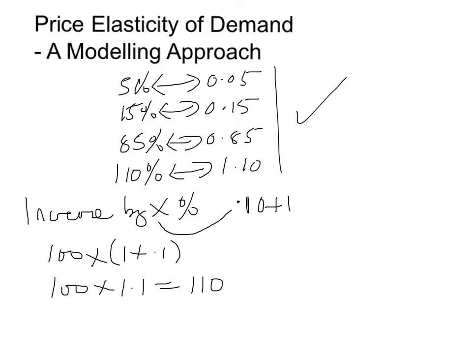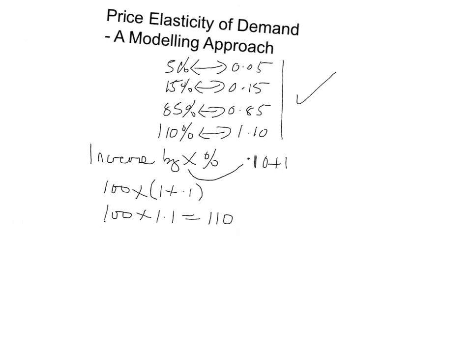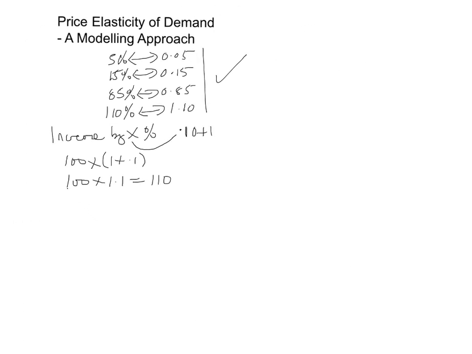What about if we did the opposite? If we decrease something by 10%, what's the procedure going to be? Well, again, we convert that 10% into a decimal value. There it is, 0.10.